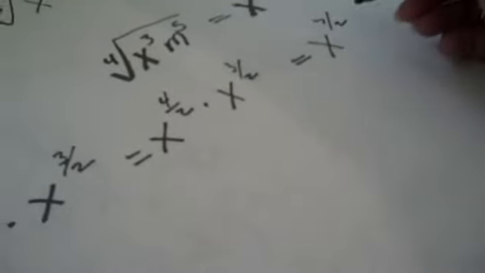And then, since they're multiplied, you need to simplify that. So x squared, since this has a denominator of 2, we will write x squared with the denominator of 2, which would be x to the 4 halves times x to the 3 halves. And then, since we're multiplying, we know that we add the exponents. So if we add here, we'll get x to the 4 halves plus 3 halves, which would be 7 halves.